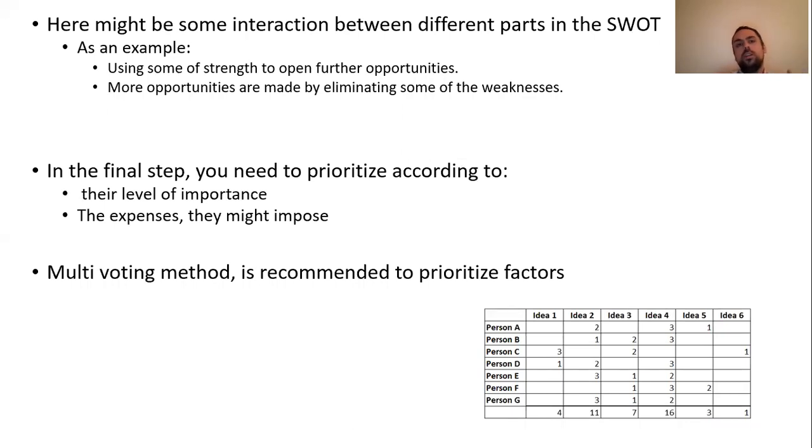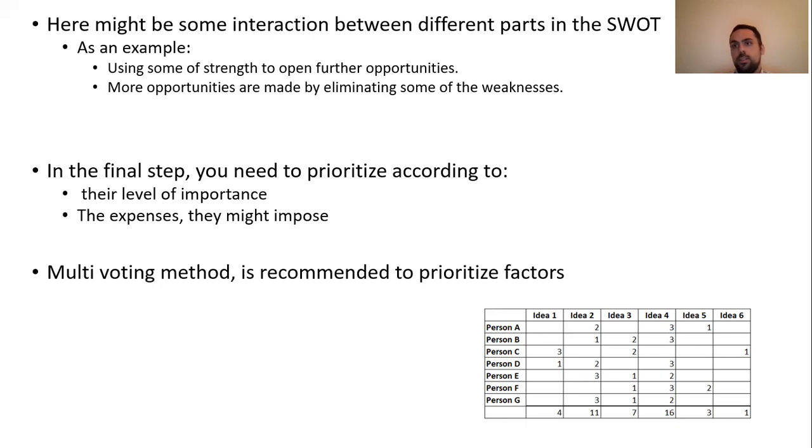Or there is some situation that causes a connection between opportunity and weaknesses. It means that more opportunity for us helps us to reduce the rate of the weaknesses. So you see that they might be connected together. So please pay attention to this point too. And when you want to define a strategy, you should pay attention to this point.